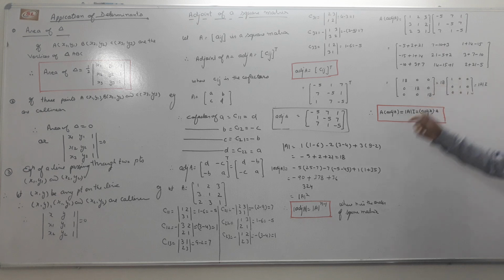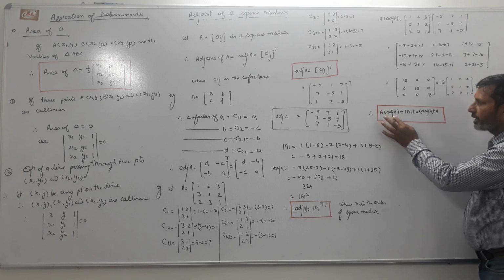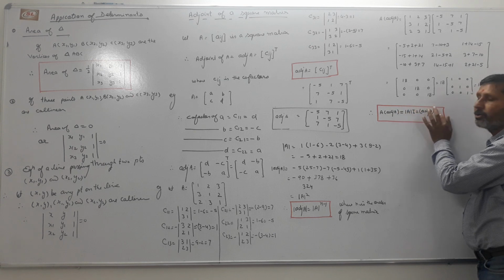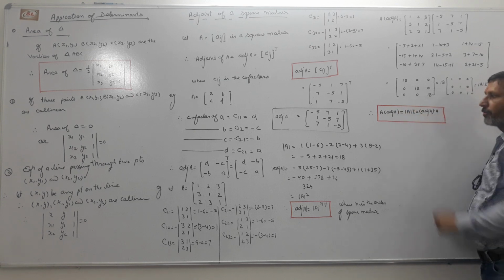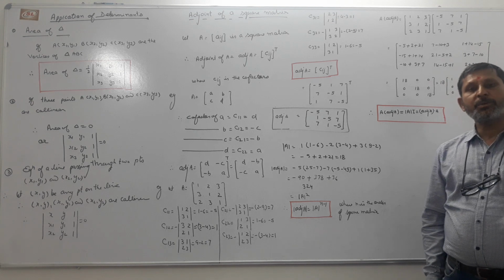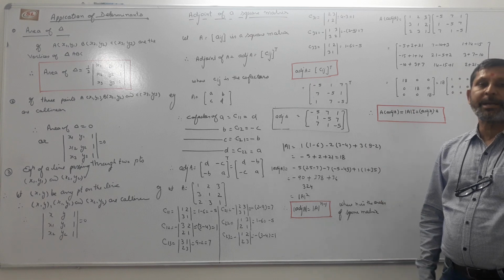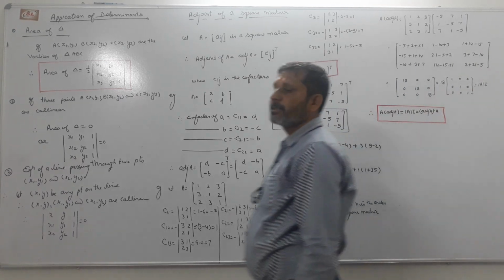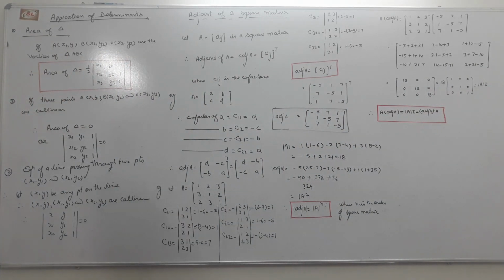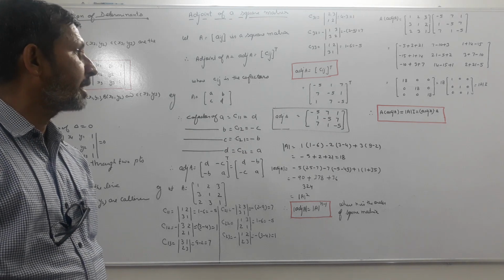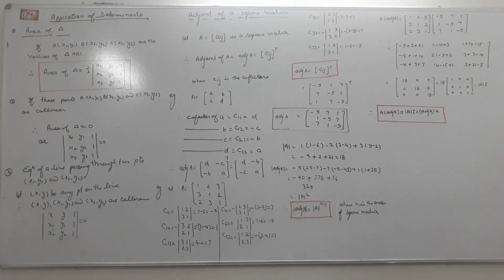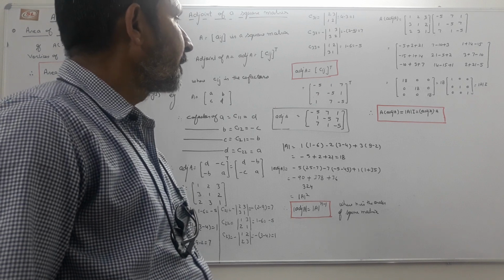What is 18? 18 is the determinant of A into I. Therefore, a matrix multiplied by its adjoint is always equal to determinant of A into I, which also equals adjoint of A into matrix A. So any matrix multiplied by its adjoint, or the adjoint of a matrix multiplied by the matrix, is always equal to determinant of A into I. This is the relation between a square matrix and its adjoint: a matrix multiplied by its adjoint is always equal to determinant of A into I.